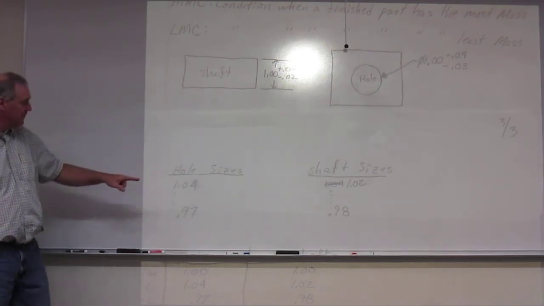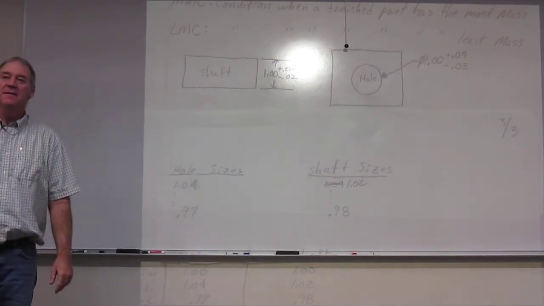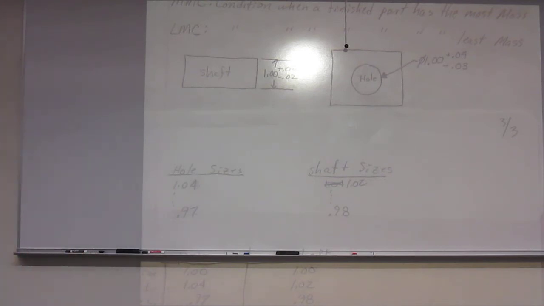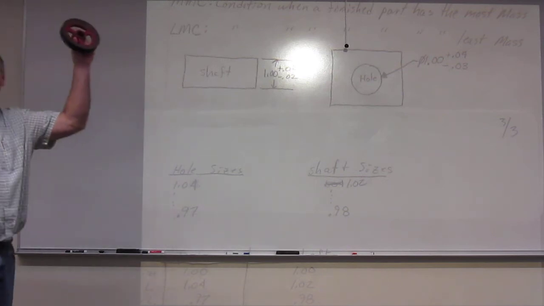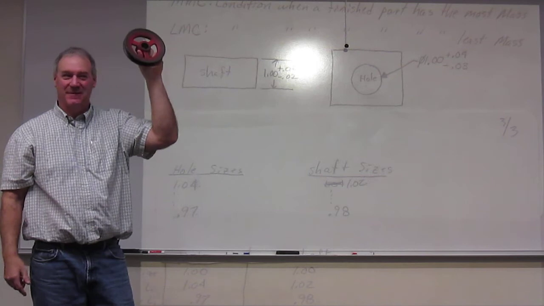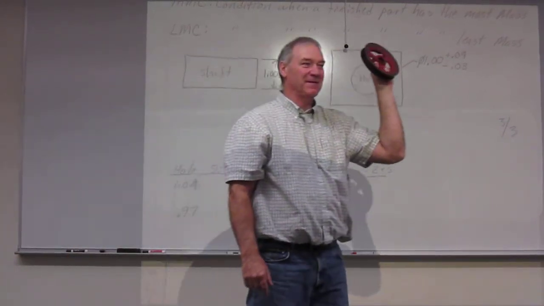What is maximum material condition for this hole? When does the hole have the most mass? 0.97. Okay, Lisa, you're saying 0.97. How many agree with Lisa?